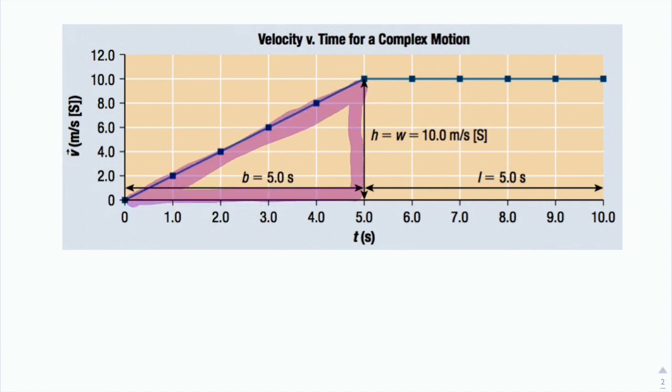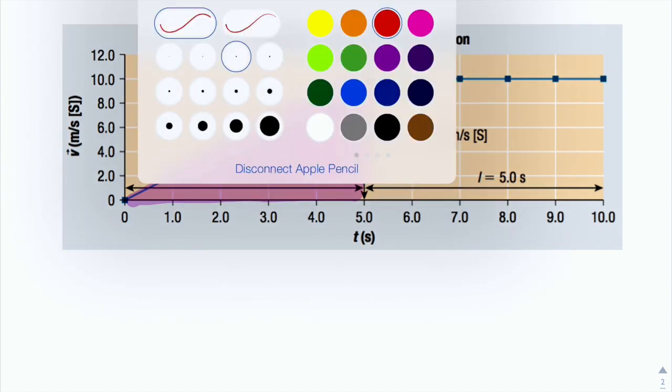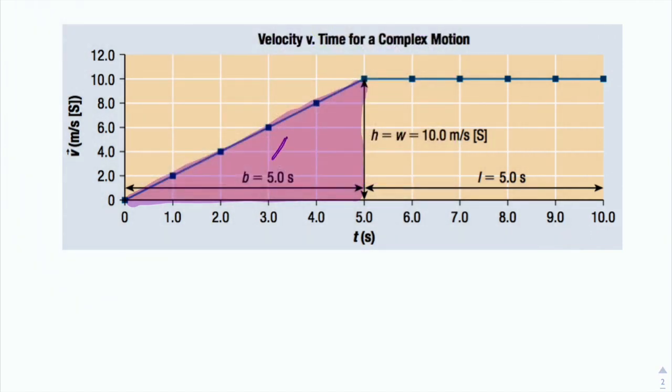For example, during the first 5 intervals, the graph forms a triangle. And we'll call this area A. If we determine the area of triangle A, we will know how far the object has traveled during the first 5 seconds.